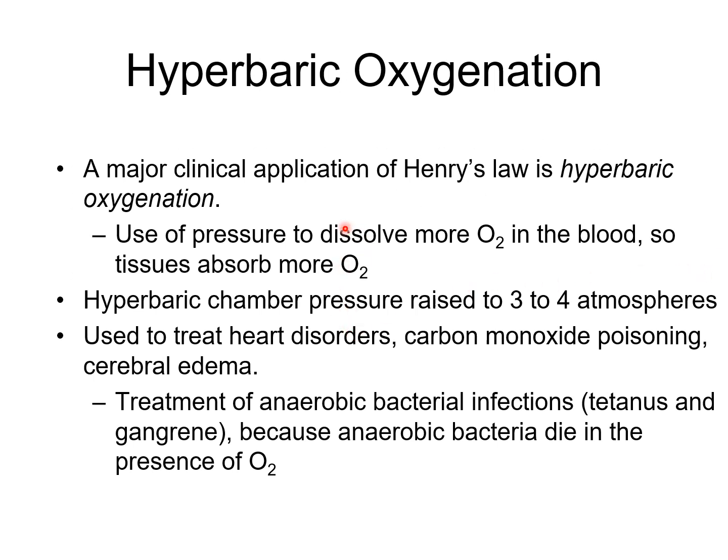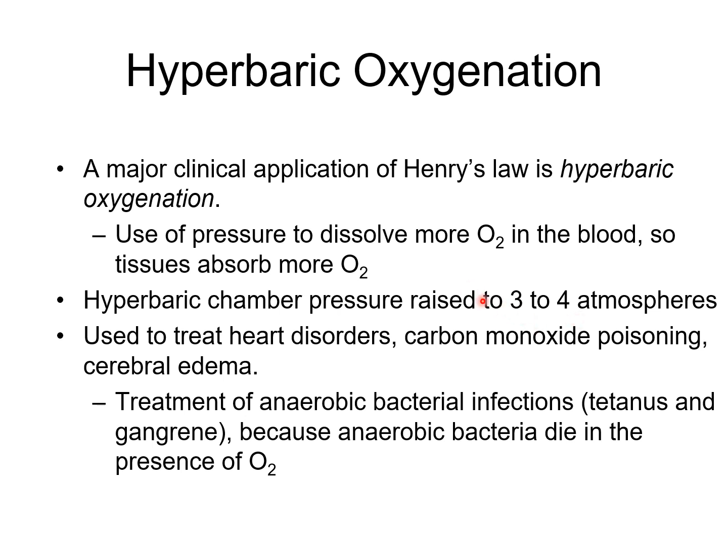For hyperbaric oxygenation, we are taking advantage of this Henry's law. We can put patients or people into a tent that can be inflated to 3 to 4 times the 760 millimeters of mercury pressure.